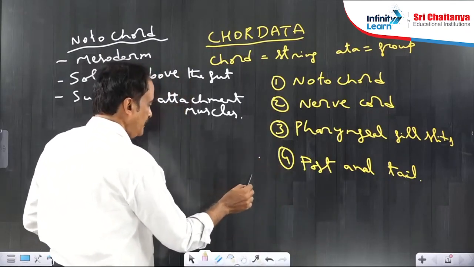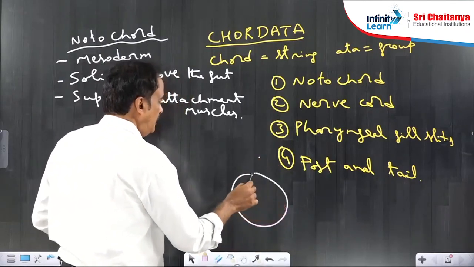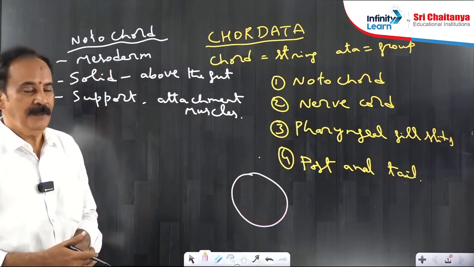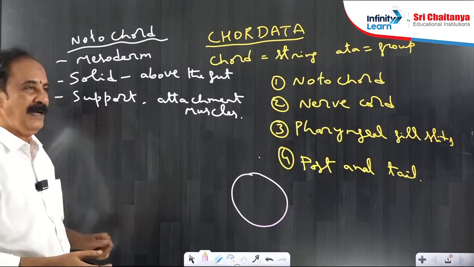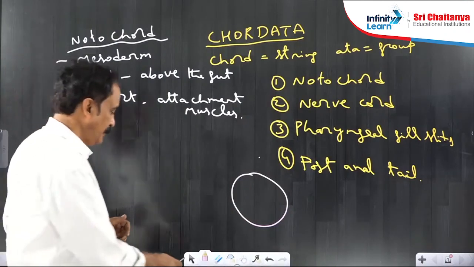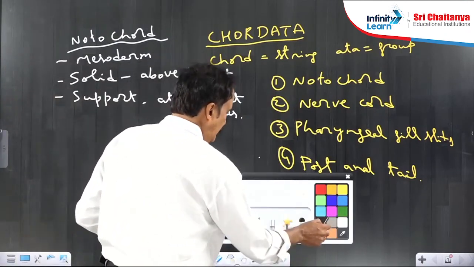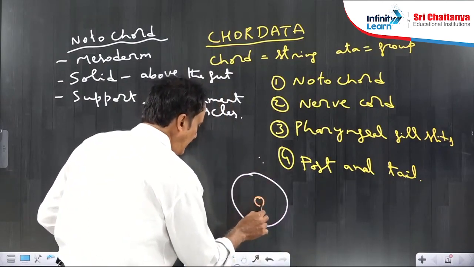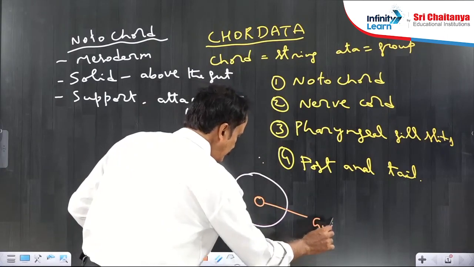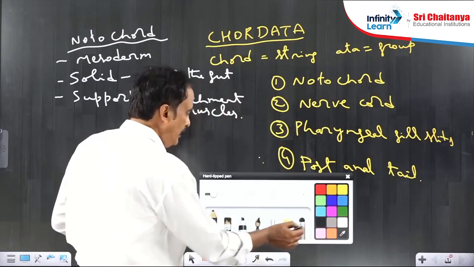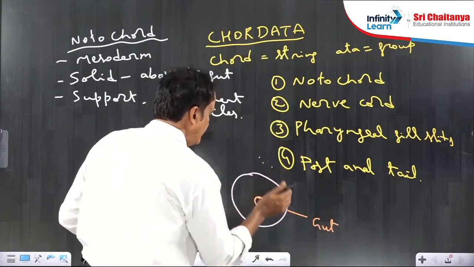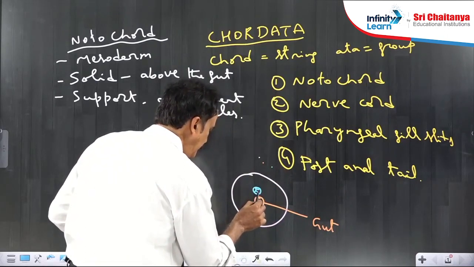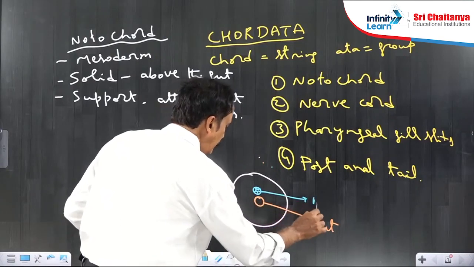This will be helping you. In the book you have the cross section all along the length of the animal. This is a transverse section. So in this transverse section, say for example, this is the gut or alimentary canal. Above the gut, this is the structure, the solid notochord.